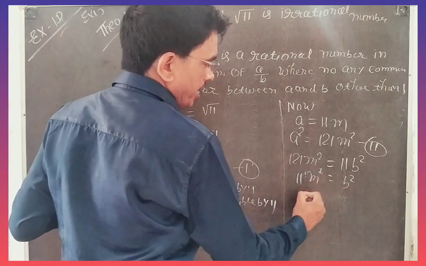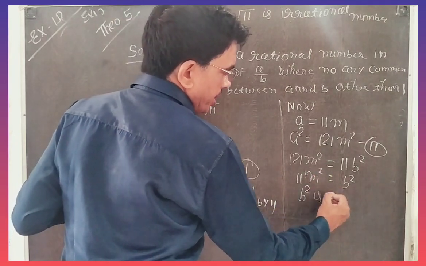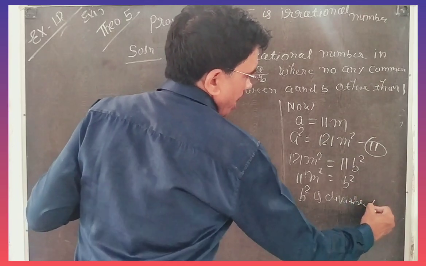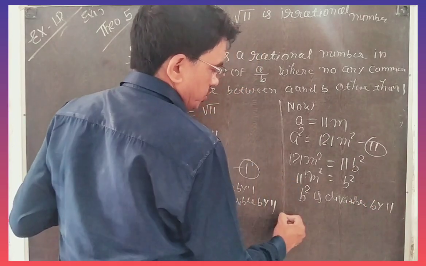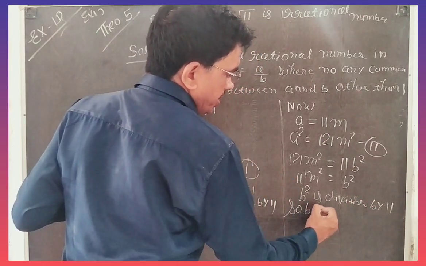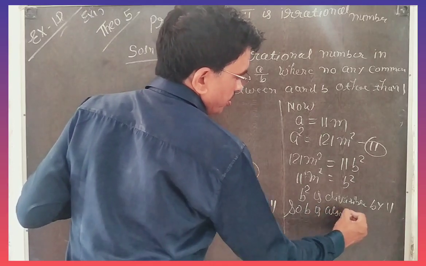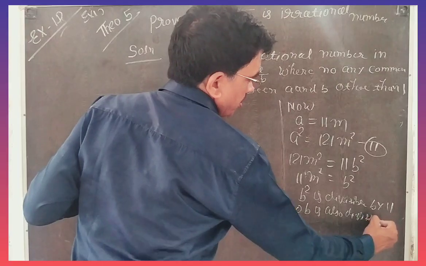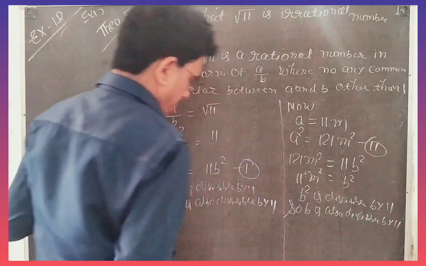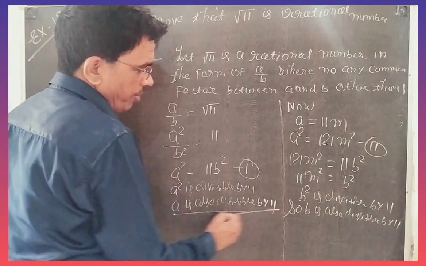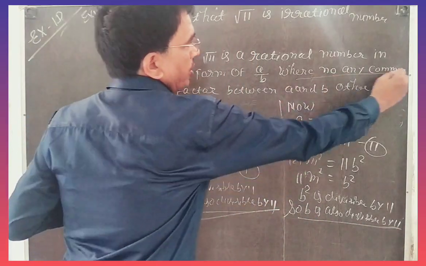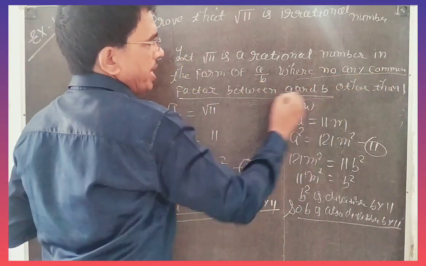What condition is here? Here b square is divisible by 11. So b is also divisible by 11. Now we find a is divisible by 11 and b is divisible by 11, and we supposed no common factor between a and b.